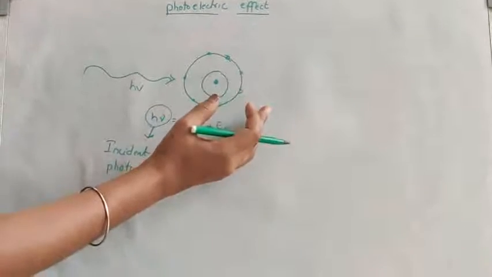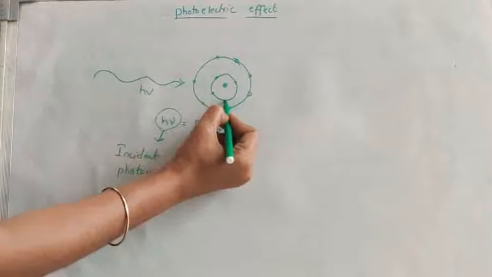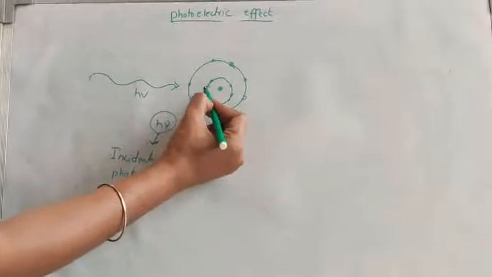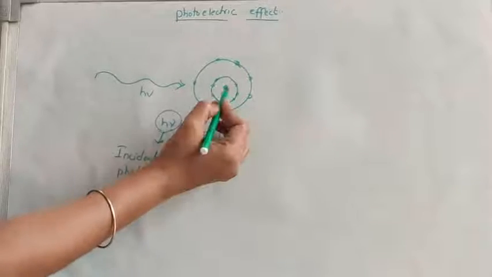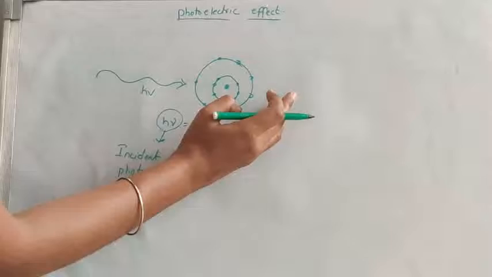The electrons nearer to the nucleus require high binding energy, whereas the electrons away from the nucleus require less binding energy.